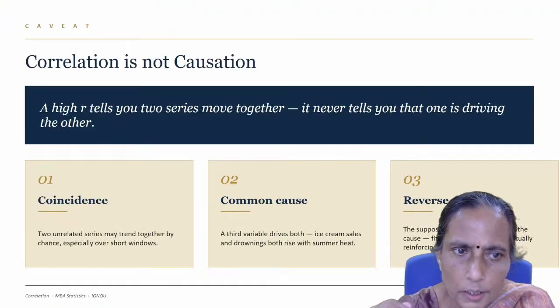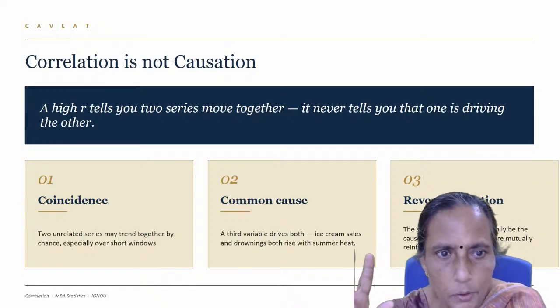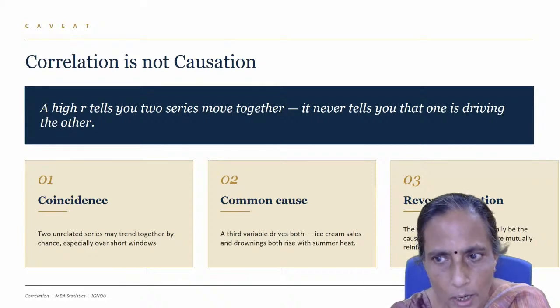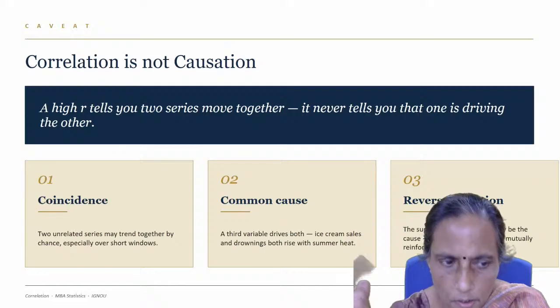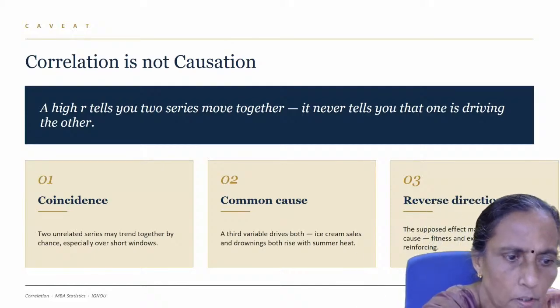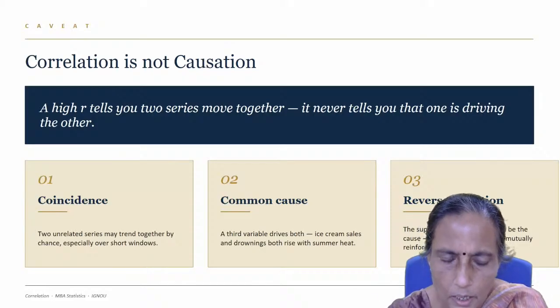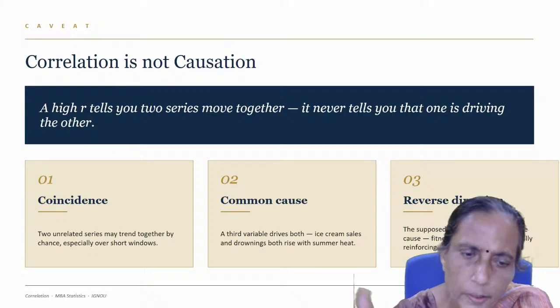Correlation is not causation. A high r tells you two series move together; it never tells you that one is driving the other. Coincidence means two unrelated series may trend together by chance, especially over short windows.